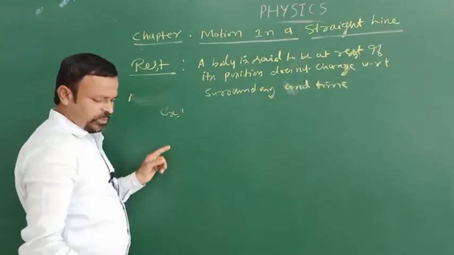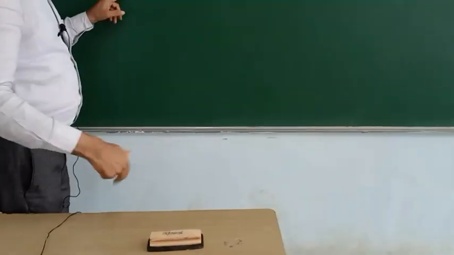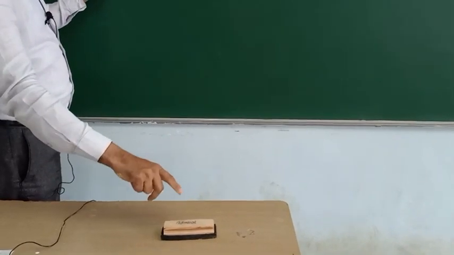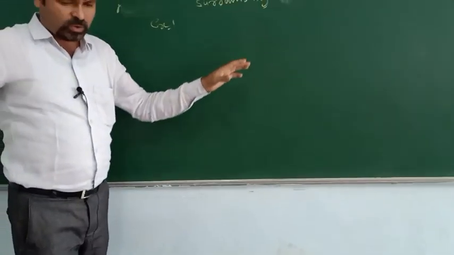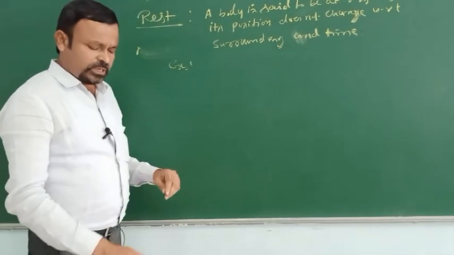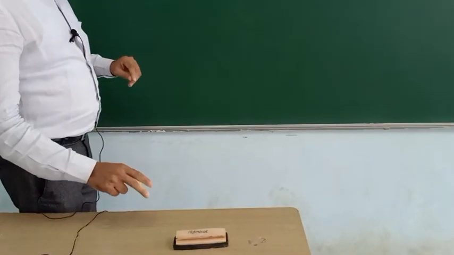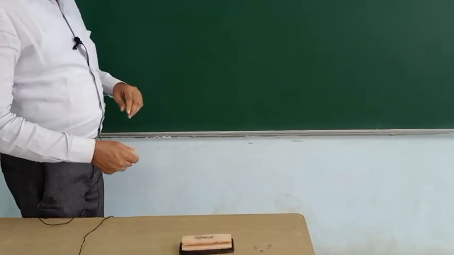Example, you see, the duster kept on a table is at rest because its position does not change with respect to a room and time. Time is running, but the position of the duster remains fixed, does not change.